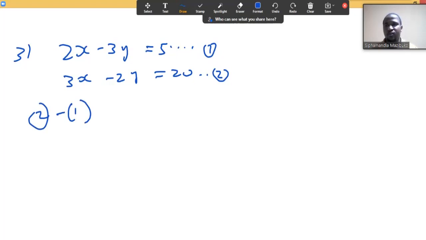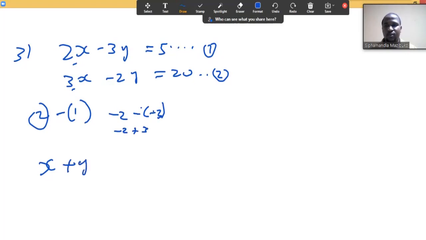Equation 2 minus equation 1. So if we're trying to do that, it means we're saying that 3x minus 2x gives us x, and then minus 2y minus minus 3y, so we're left with minus 2 plus 3, hence this is positive y, right?